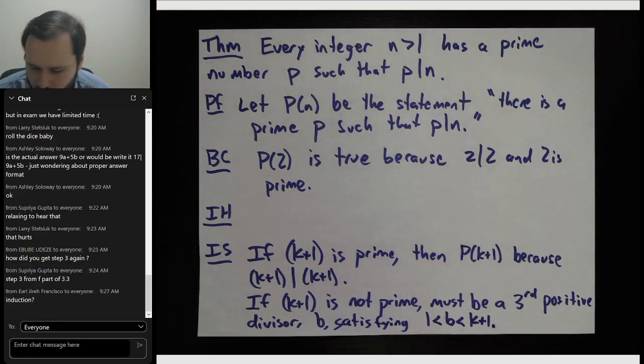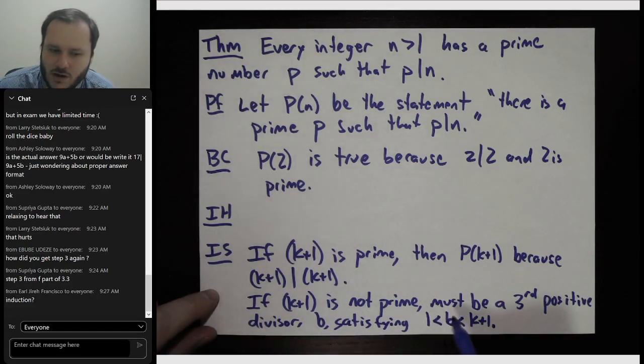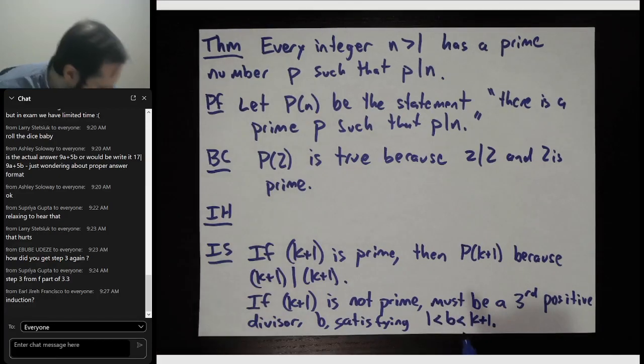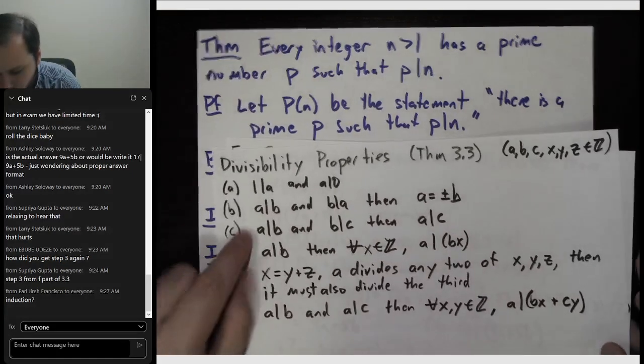Okay. This b is what I want to use induction on, because if this b has a prime factor, then I can go back and use theorem 3.3 part C.